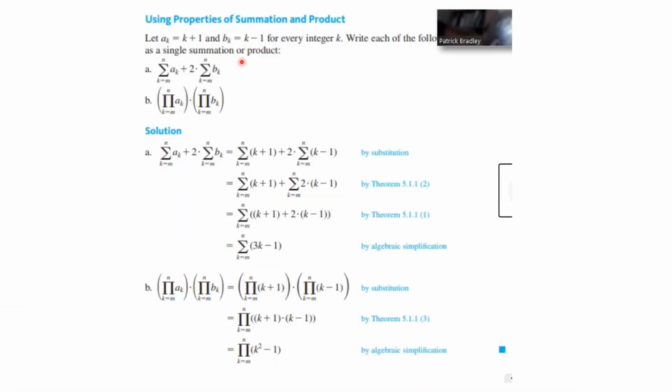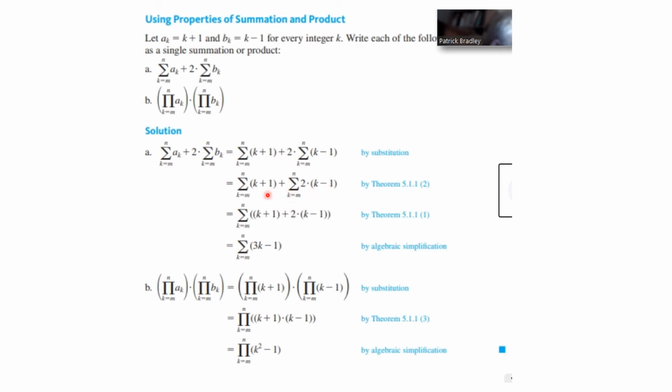So here's some calculations to do. We let a sub k equal k plus 1 and b sub k equal k minus 1 for every integer k. So you write each of these as a single summation or product. First of all, we're going to substitute in what are a sub k and b sub k. So that's what we substituted in. And then we start looking at the summations, but here we take the 2 and we put it inside here.